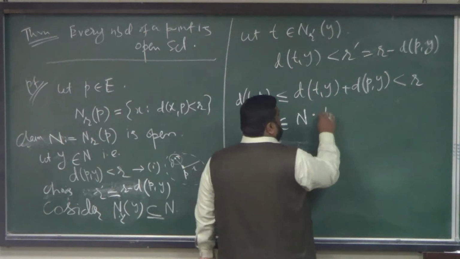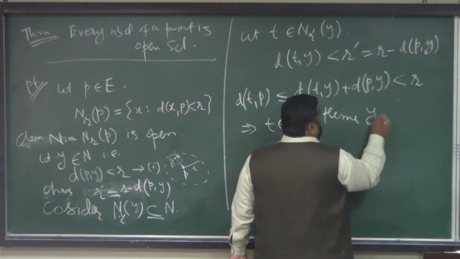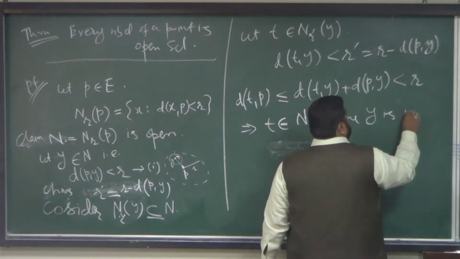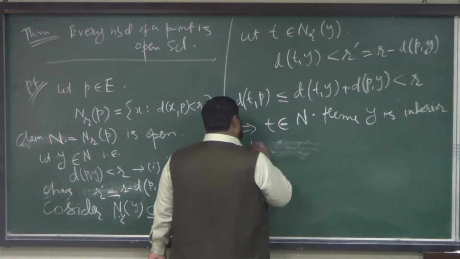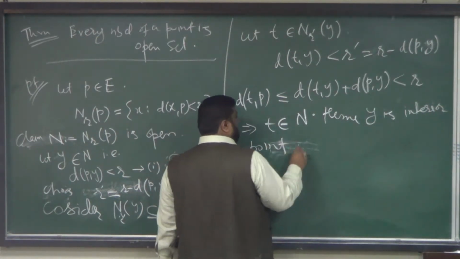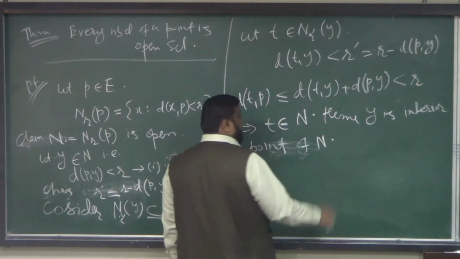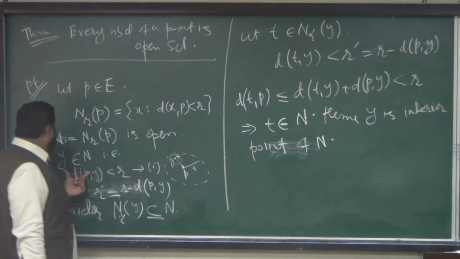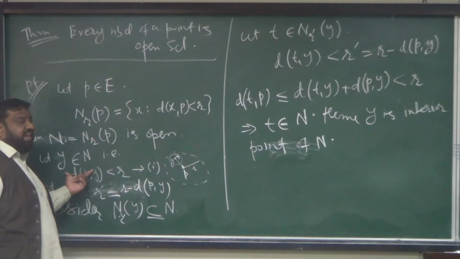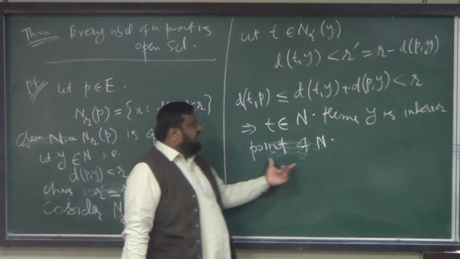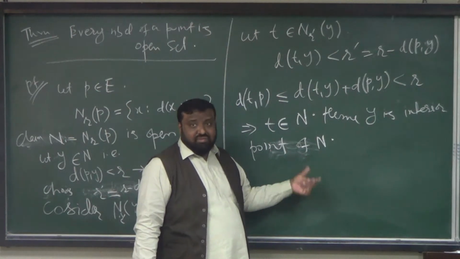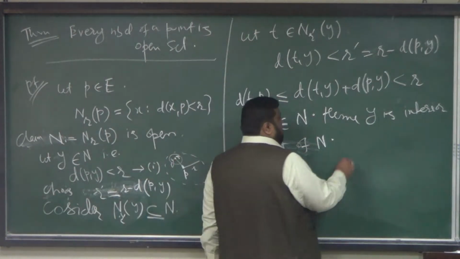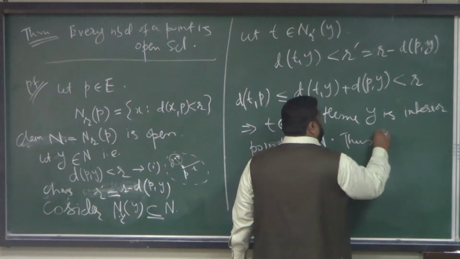It shows hence Y is an interior point of N. Okay. So I took an arbitrary point Y and showed that it's an interior point of N. So what is it going to show? That N is open. Thus, N is open.